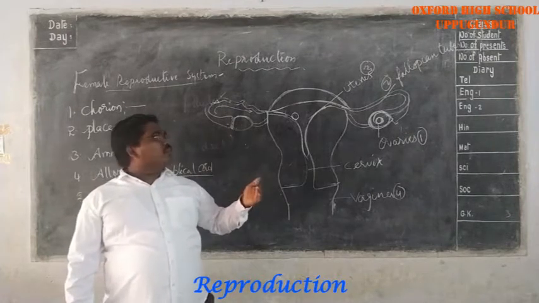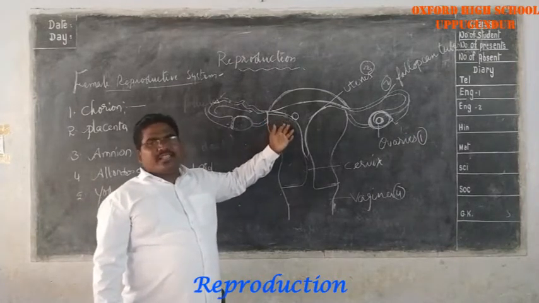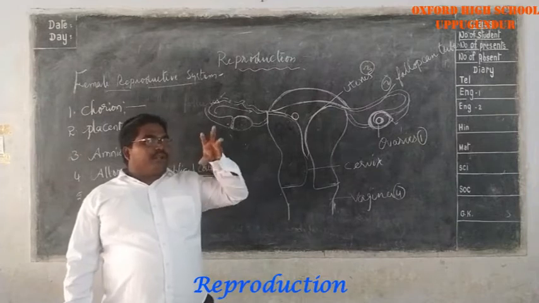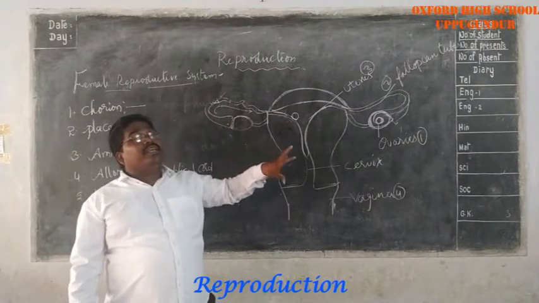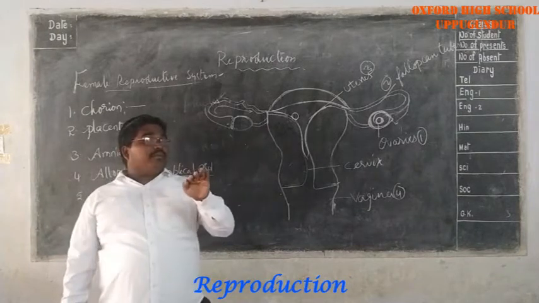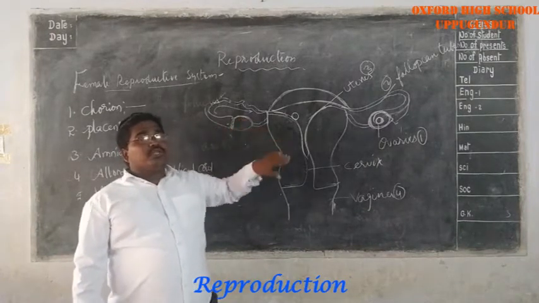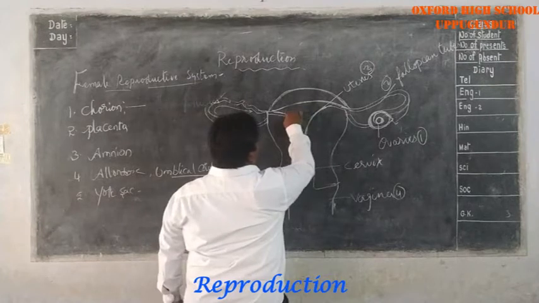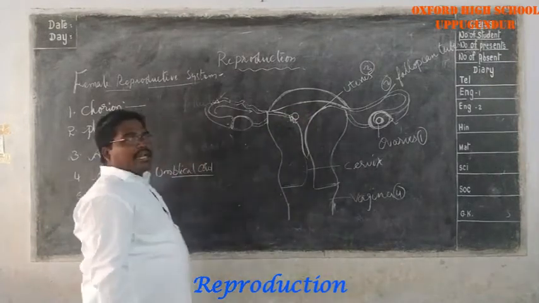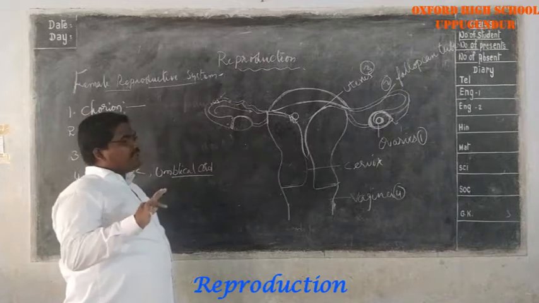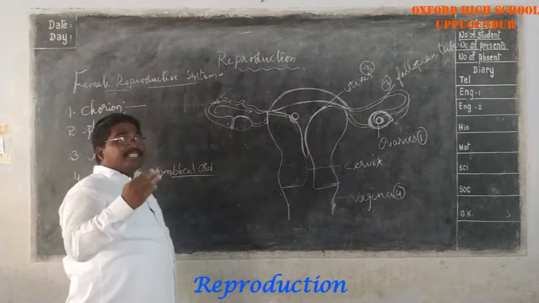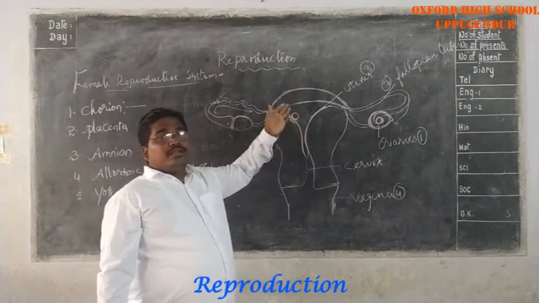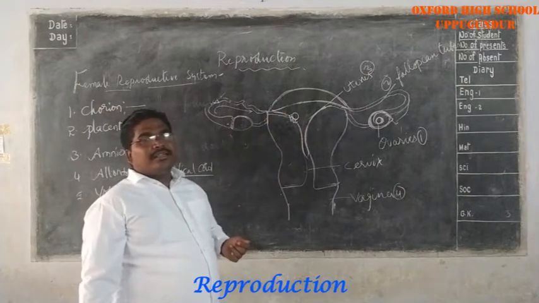When the cell division of the zygote takes place in the uterus, finger-like projections arise from the surface of the outer membrane of the embryo into the soft tissues of the uterus.